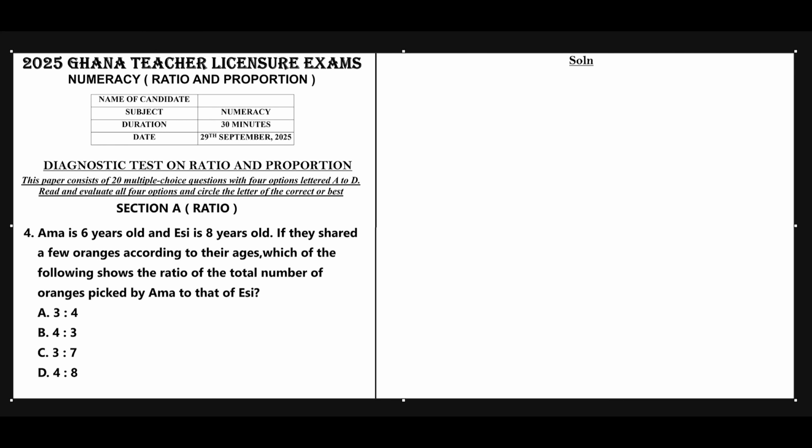Question 4. Amma is 6 years old and AC is 8 years old. If they shared a few oranges according to their ages, then which of the following shows the ratio of the total number of oranges picked by Amma to that of AC?